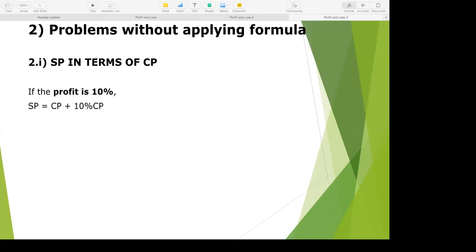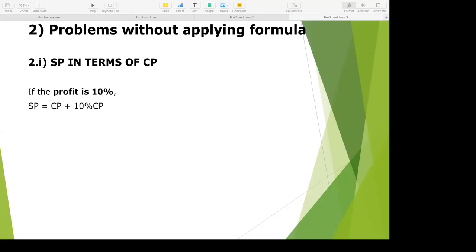Try to use your simple IQ. If you are having any kind of profit, the selling price is nothing but the cost price plus profit. And the profit given here is 10%. It means the actual profit will be 10% of your cost price.